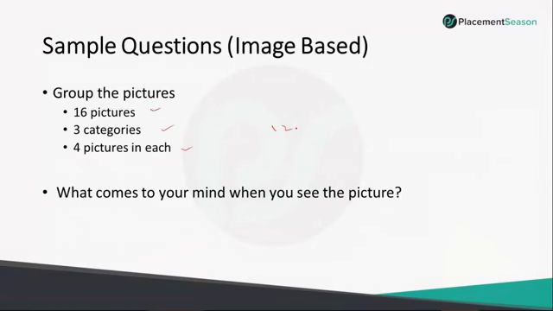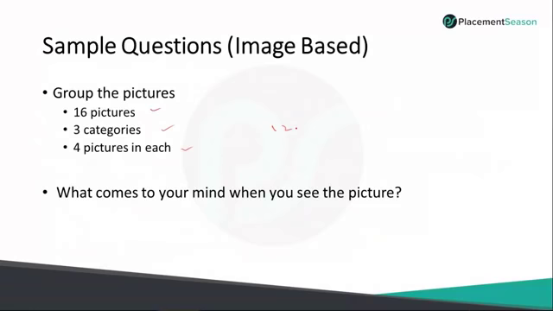Maybe, for example, if it is 20 pictures and you need to relate them in 5 different ways and each should have 6 pictures. So they will use different sets of numbers, different sets of pictures and different sets of categories.